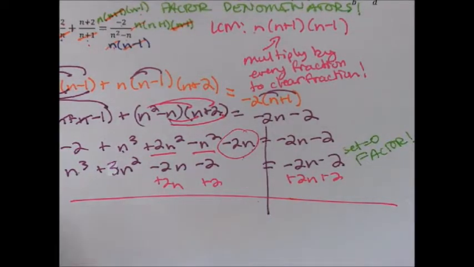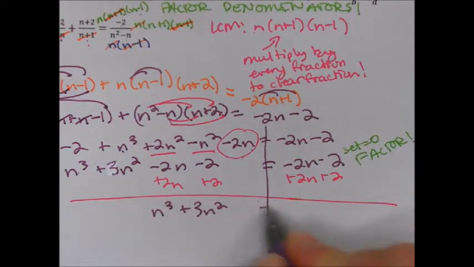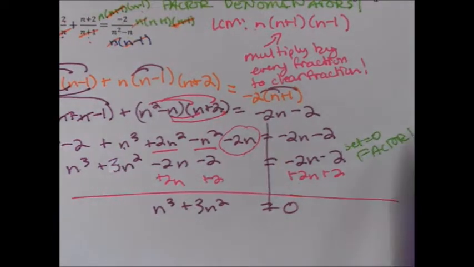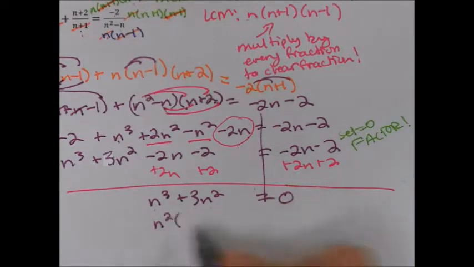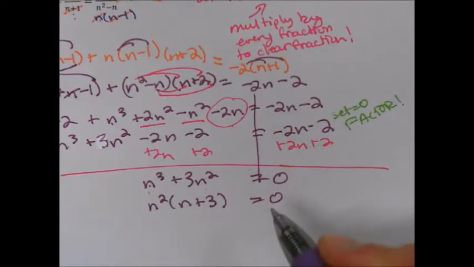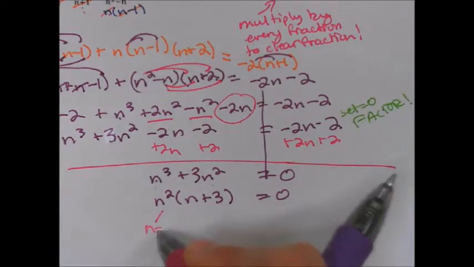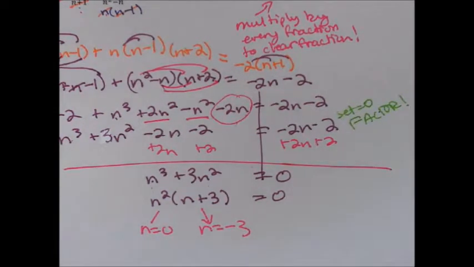See, I get n to the third plus 3n squared equals 0. So now we factor. Here I have a GCF of n squared, and I'm left with n plus 3. See, this gives me n equals 0, n equals negative 3.